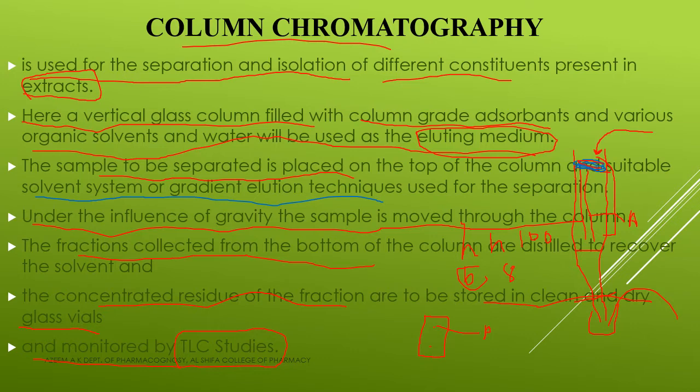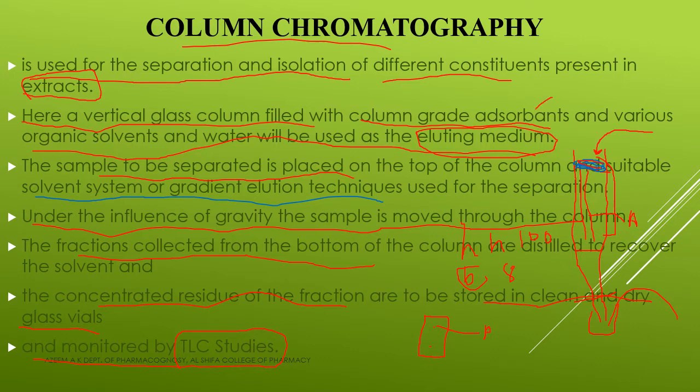This is all we need to know about column chromatography. Column chromatography is used for the separation and isolation of different constituents present in extracts. Clear? Now, here a vertical glass column is there, and this glass column has to be filled with column grade adsorbents, that is silica gel G. Column grade adsorbents means silica gel G, or alumina can also be used.